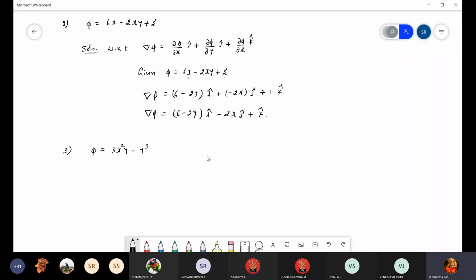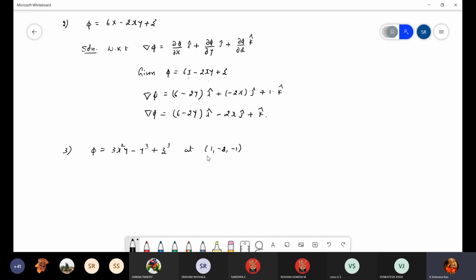So phi equals 3x square y minus y cube plus z cube at 1 comma minus 2 comma minus 1. If they give numbers like this, we call it a triplet.